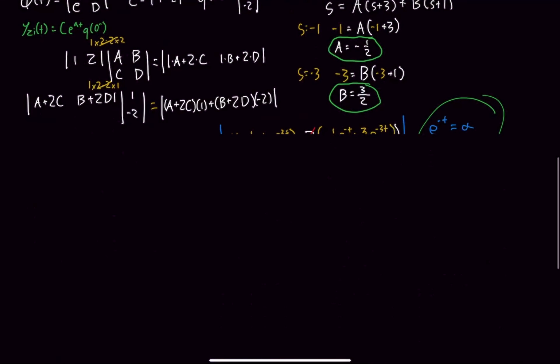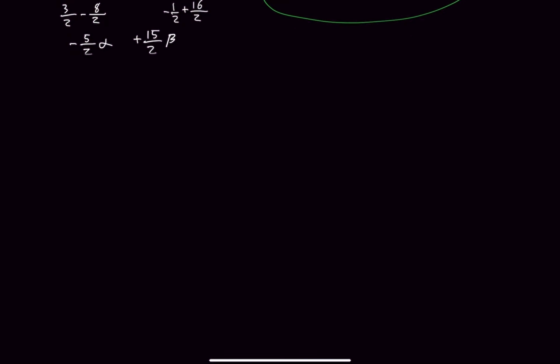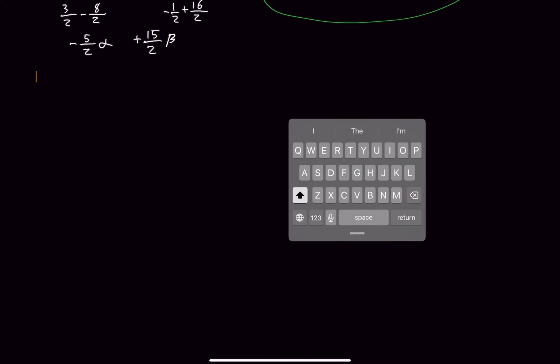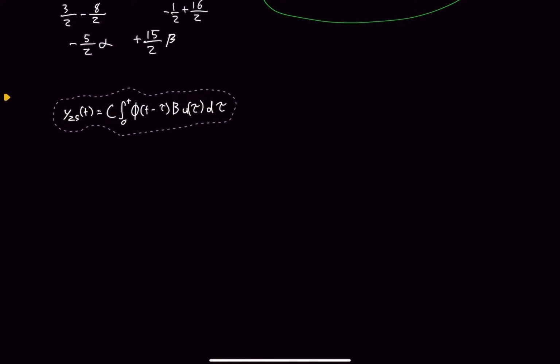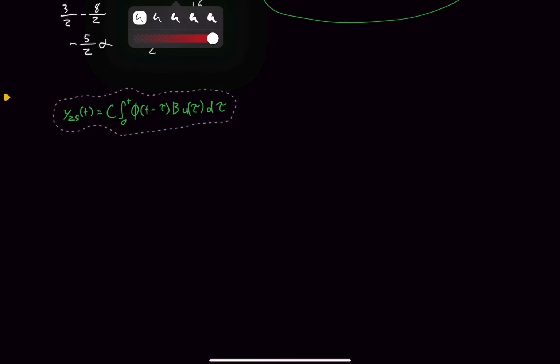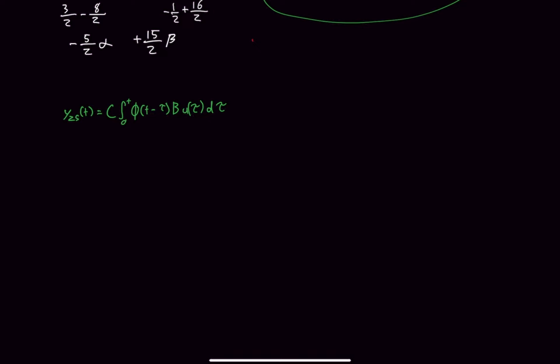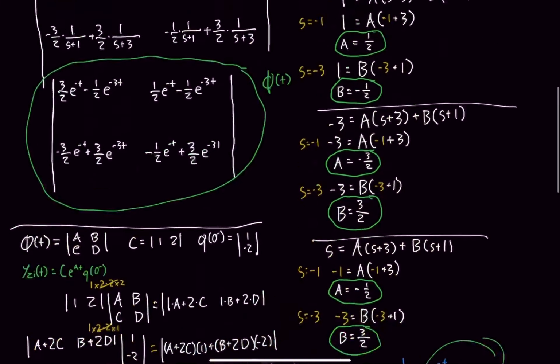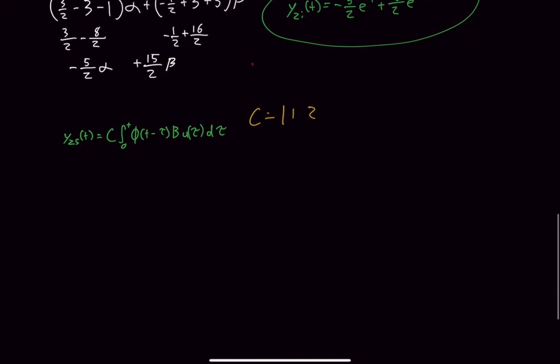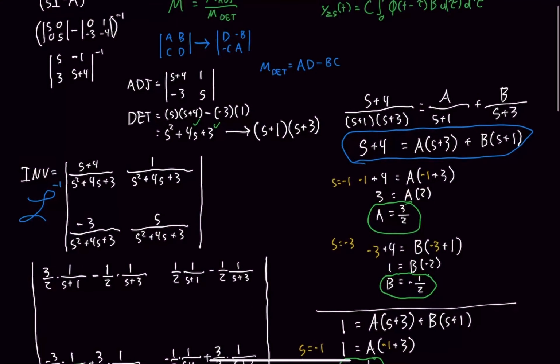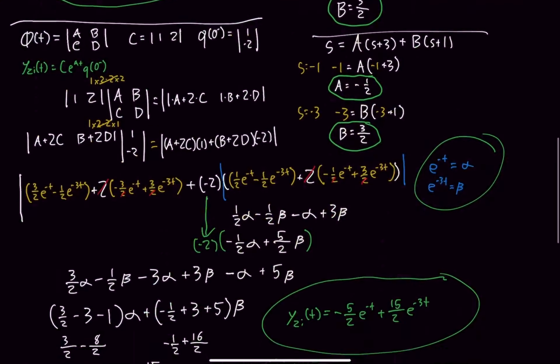So our C was what? Our C was 1, 2, and our B is 0 and 1.